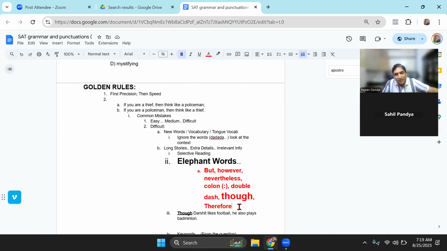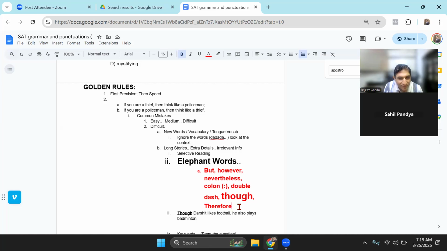You have to hear the content, the info, right? And these elephant words help you get to the point very quickly. So whenever there is a 'though' in a sentence, you can figure out, oh, this part before the 'though' is extra information. The part which comes after 'though' is important.